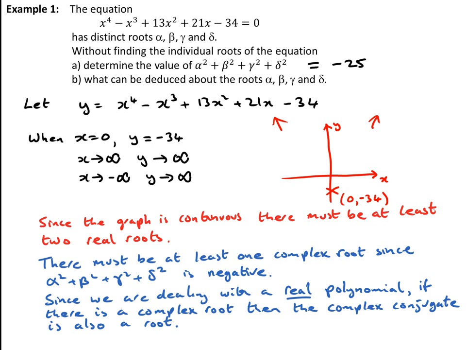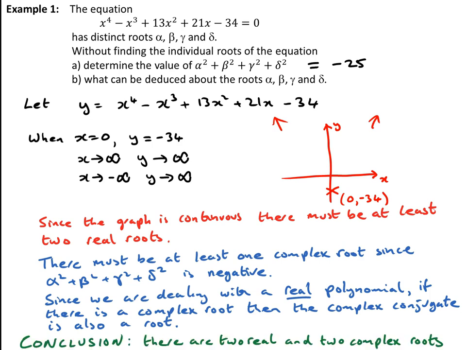But a quartic equation only has 4 roots, so we can deduce at the end of the day that this equation x to the 4 minus x cubed plus 13x squared plus 21x take away 34 equals 0 must have 2 real roots and 2 complex roots.